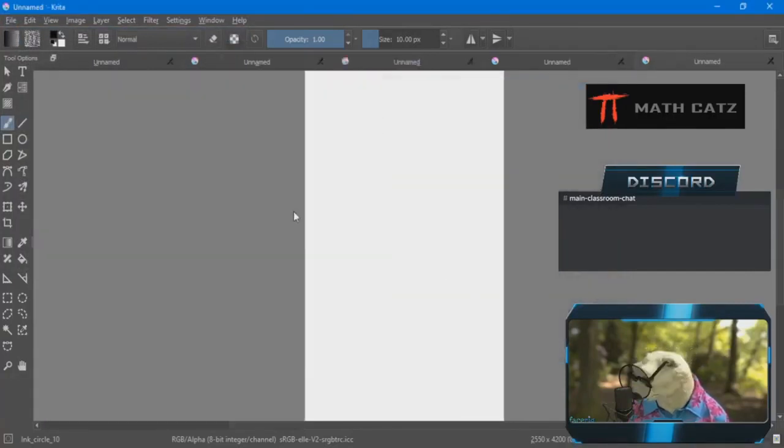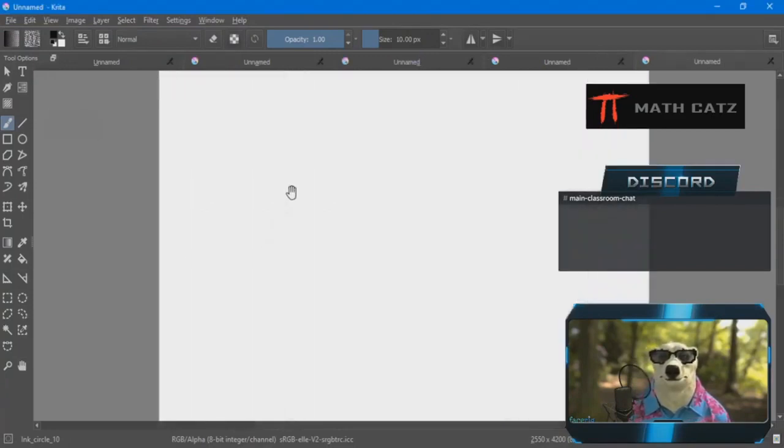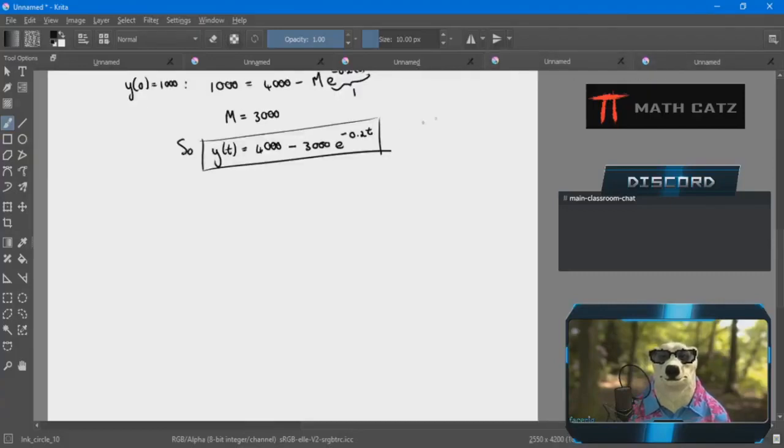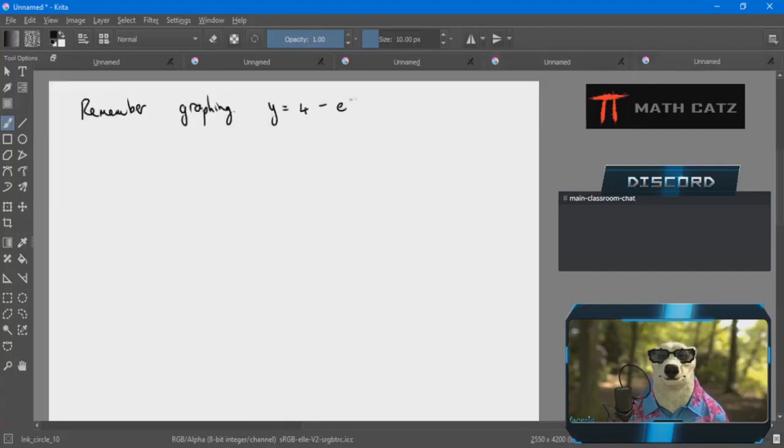If I go back to my transformations of basic exponential functions, and I just take something simpler, let's remember, if I wanted to graph y equals, let's say, 4 minus e to the, I want to make it look similar to this, right? So I need a negative in front there. E to the negative x. That's simple, while still capturing the essence.